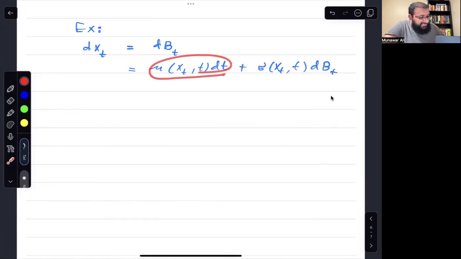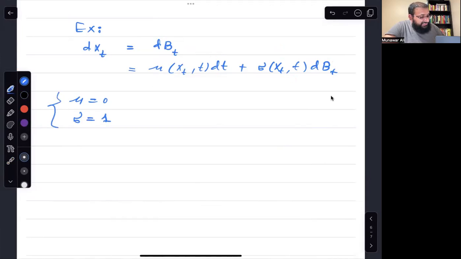Since there is no dt term here, my mu is 0. And since it's only dB_t here, my sigma should be equal to 1.